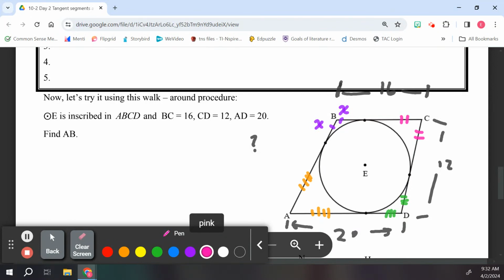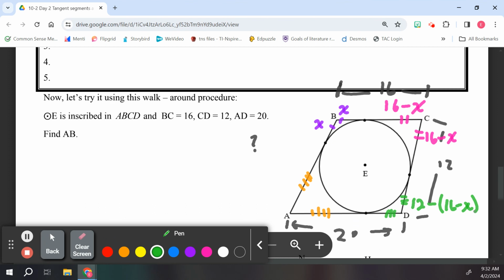And then I'm going to walk around the problem. Looking at this line segment, I see that this is going to be 16 minus X. And since it's congruent, this is 16 minus X. Now this next part is going to be 12 minus the quantity 16 minus X. Do not forget your parentheses.